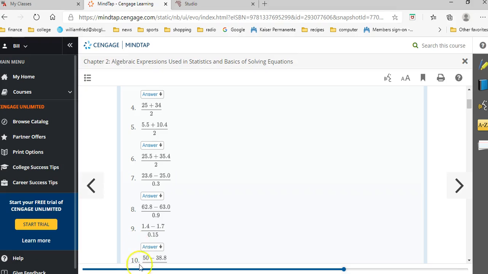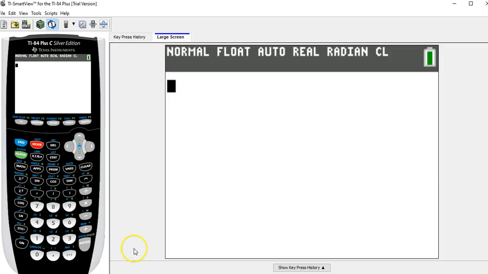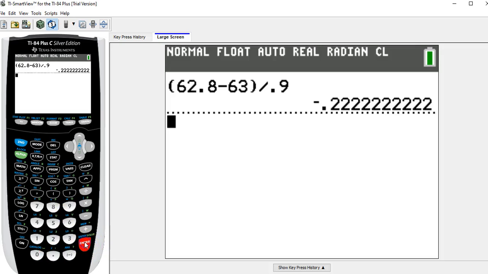On the calculator, when I'm doing a fraction and there's more than one thing being added in the numerator, I'm going to start with a parentheses, 62.8 minus 63, and I'm going to close off the parentheses for the numerator, and then that's being divided by 0.9. When I hit enter, I get that and round it off to 3 decimal places. The correct answer would be negative 0.222.